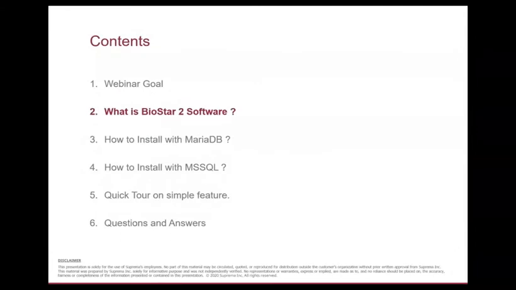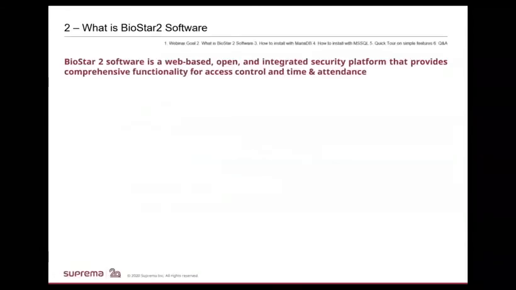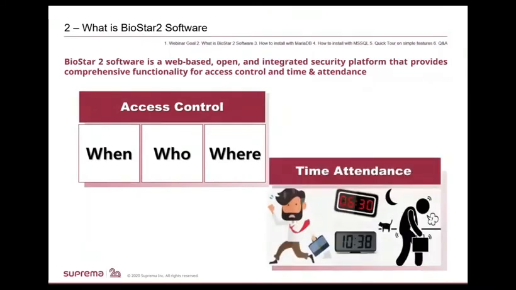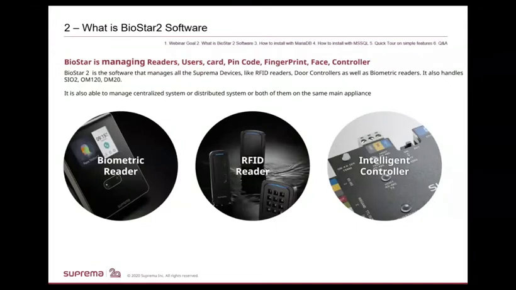So now we are going to speak about BioStar 2 software. As you know, BioStar 2 is web-based software. It means that we can give you functionality for access control, but also for time attendance. This software is able to manage every product from Suprema, from biometric readers to RFID, access control, door controllers, and our small products, which are SIO2, OM120, and DM20.